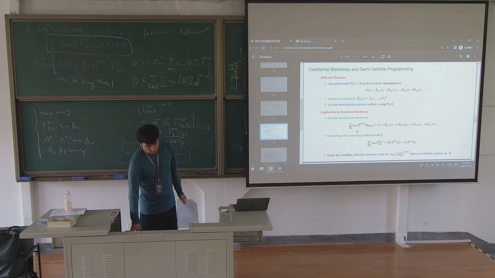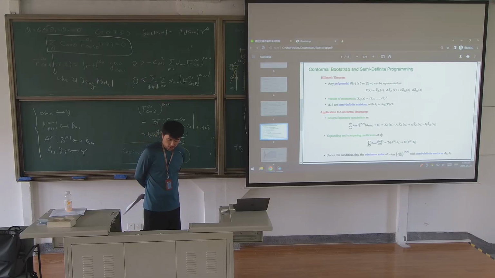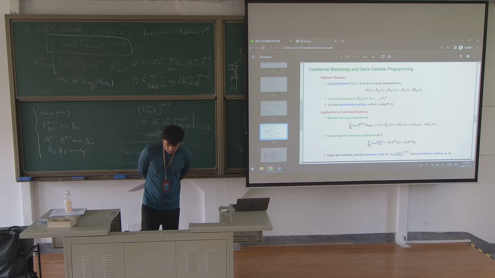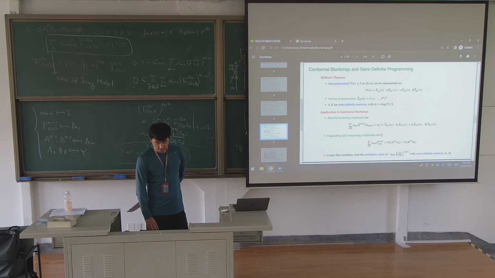Using Hilbert's theorem, this PL is a polynomial, and one can write it this way using semi-definite matrices A and B, and try to minimize this value. If it is positive for any alpha Mn, then you cannot solve the bootstrap equation. So that's how they solve it.